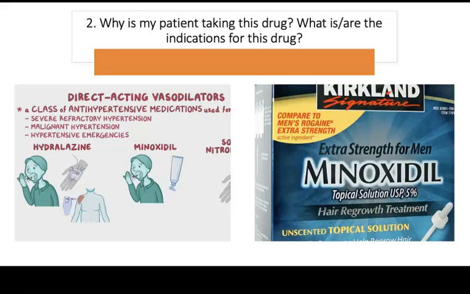We're not going to assume that everyone getting minoxidil is being given that for hair regrowth or for antihypertensive control. We need to be very, very cognizant about why this medication is being given to our patients. Frequently, there can be 2 or 3 indications for the medication.